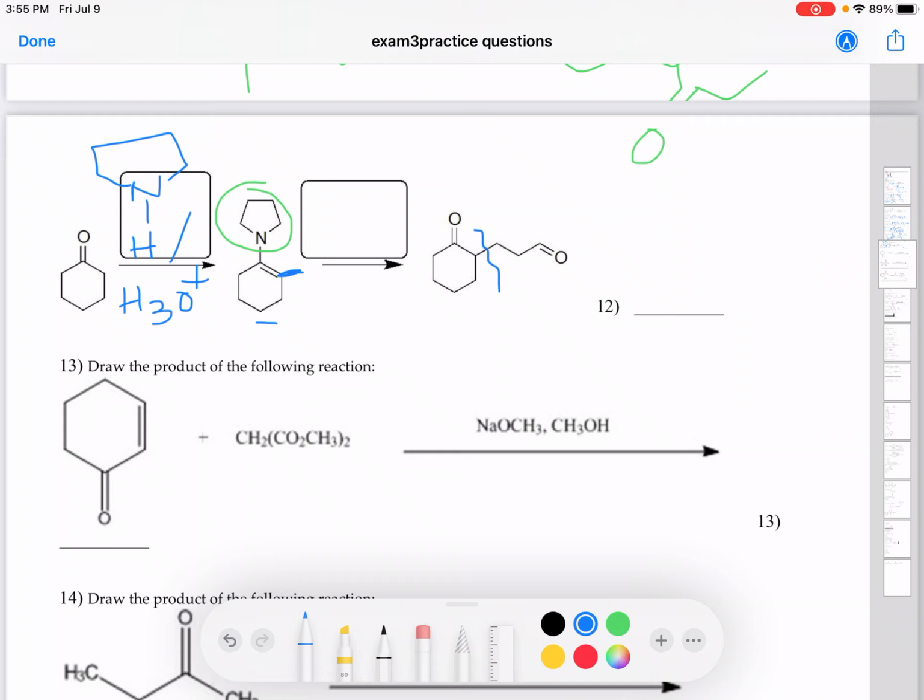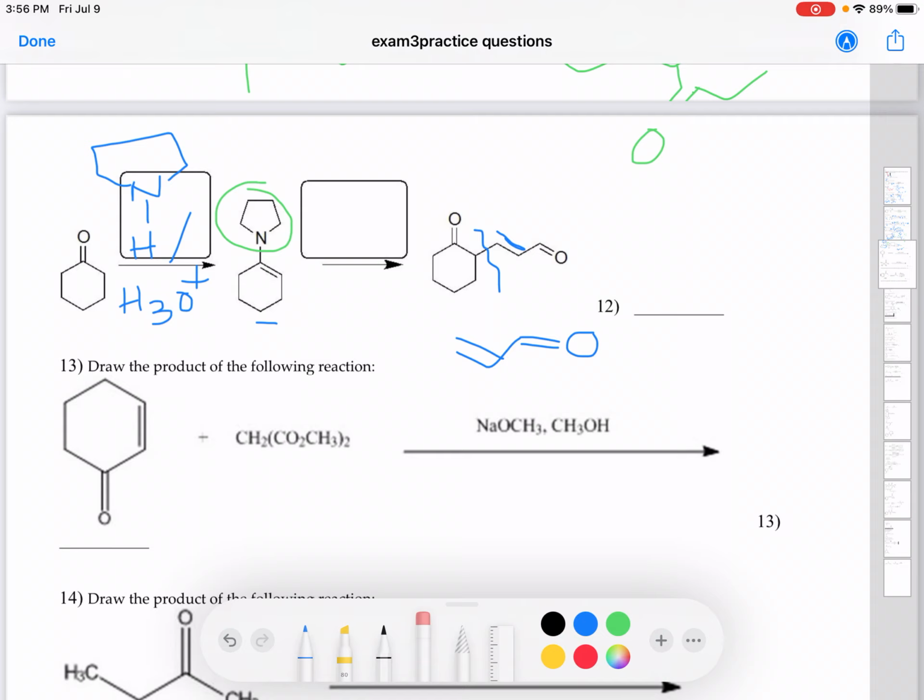So we can consider, we start with a portion like this. Then what we can do is react this molecule with this molecule.